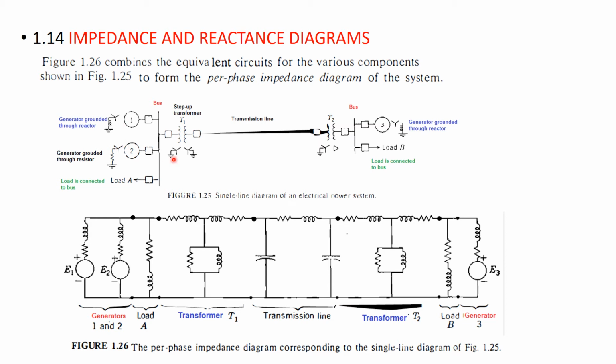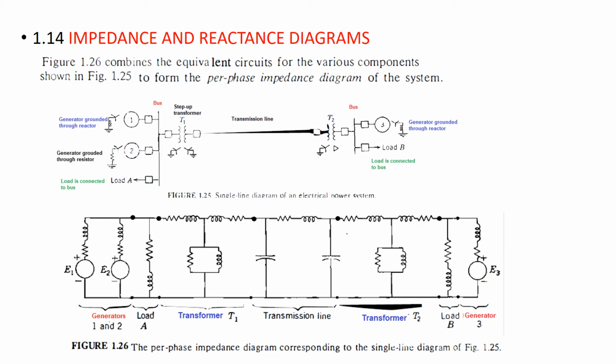So this diagram, which was a single line diagram, has now been represented in the form of a per phase impedance diagram here, and you can see these two generators, then this load here, transformer here, transmission line, this transformer, and load and generator.